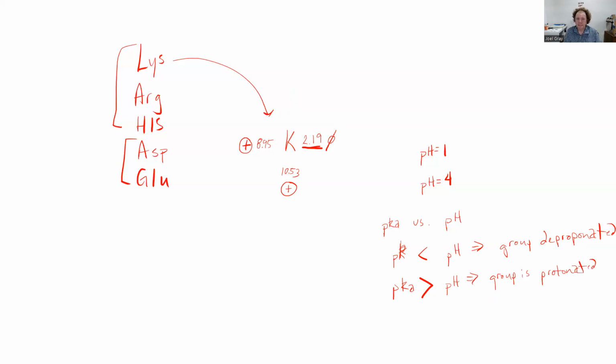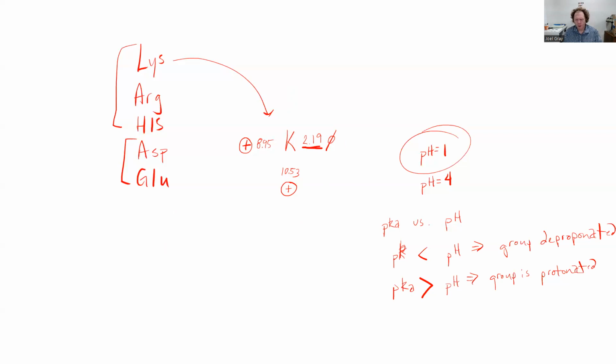As an example, when I said my solution was pH of 1, my C-terminal group, my carboxylic acid, with a pKa of 2.19, was protonated. That all is true.